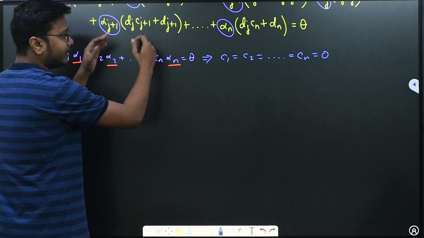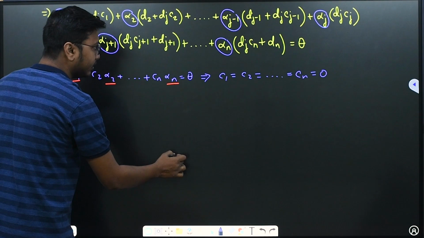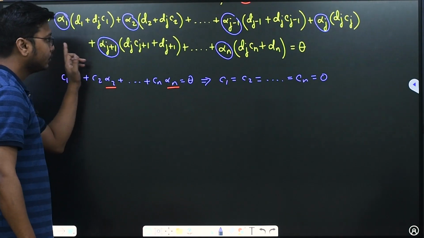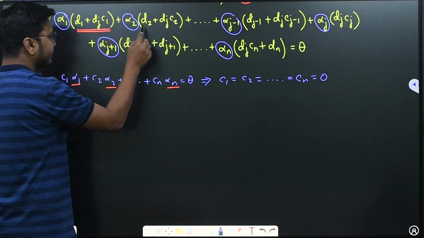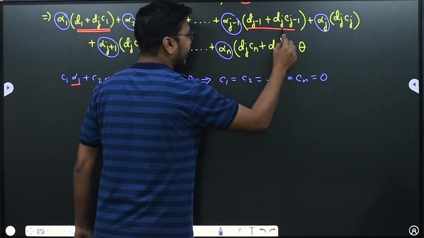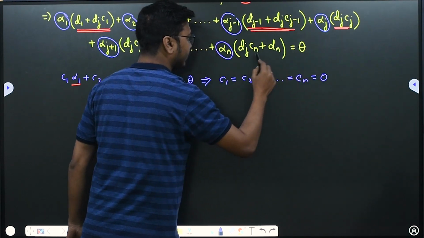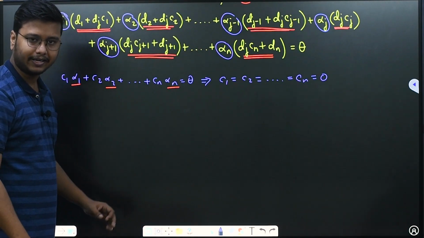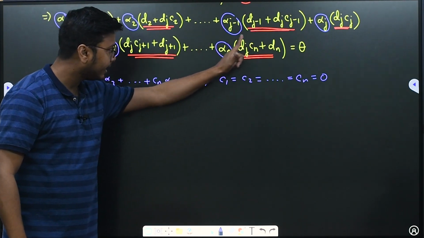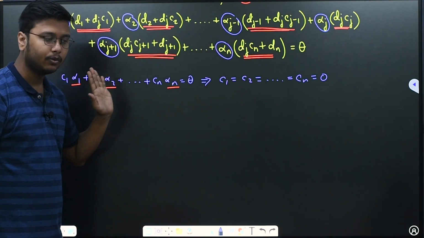So I can use this condition in the equation that I have got over here. In this expression I can say that all these constants have to be identically equal to 0 as per the condition of linearly independent vectors. So all these underlined constants have to be equal to 0.